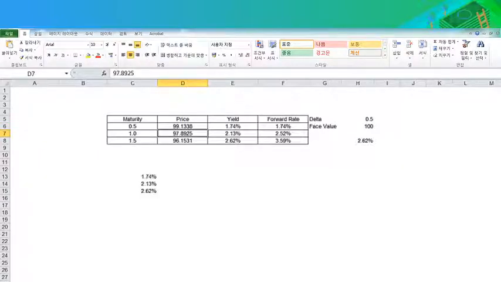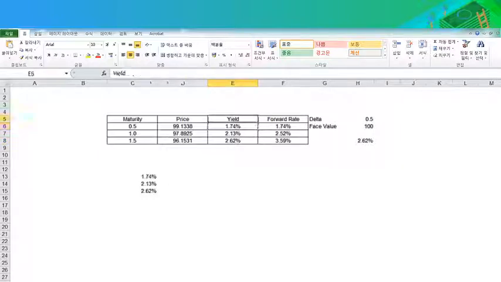Likewise, when the value of a contract that pays $100 in 1 year is $97.8925, then the spot rate is 2.13%. And when the price of the contract is $96.1531, then the yield is 2.62%.